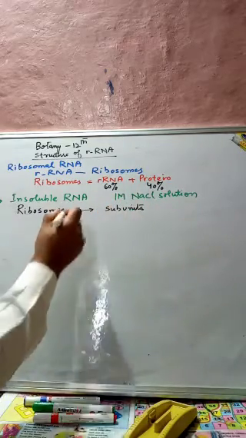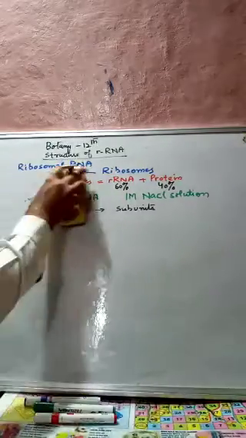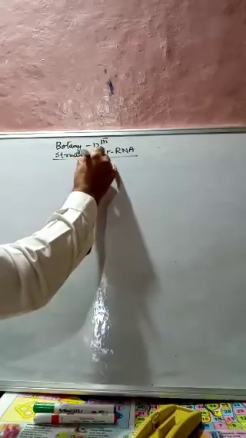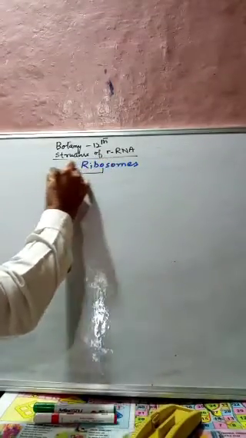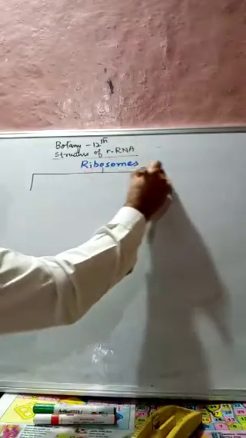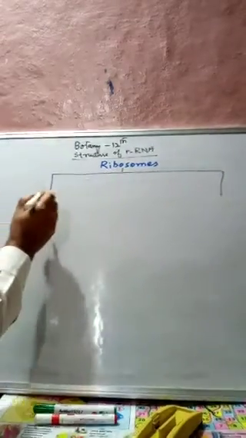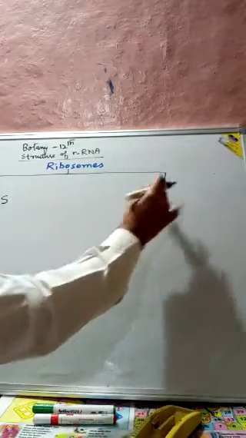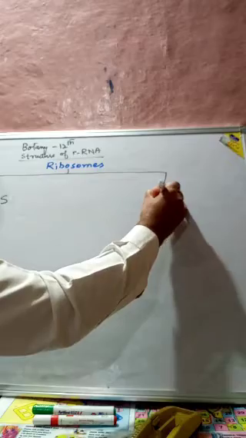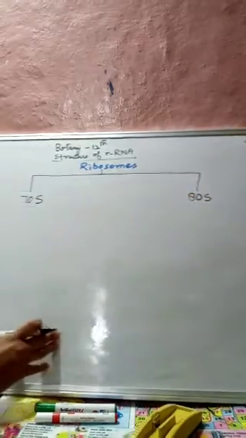Also, if we talk about ribosomes, we have mainly two types of ribosomes. The first one is called the 70S ribosome, and the second type is called the 80S ribosome.